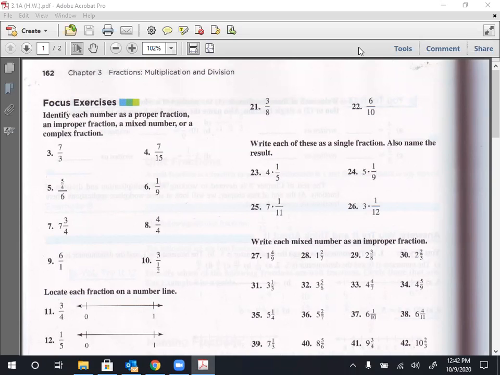All right. Now, look at number 3 there. What's the top number? 7. What's the bottom number? 3. Is the top bigger or smaller than the bottom? Bigger. Okay, so if the top is bigger, we don't have a proper fraction. We have what we call an improper fraction. The second word there, you see it?